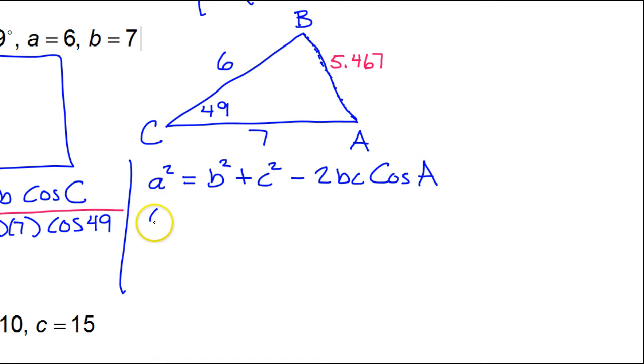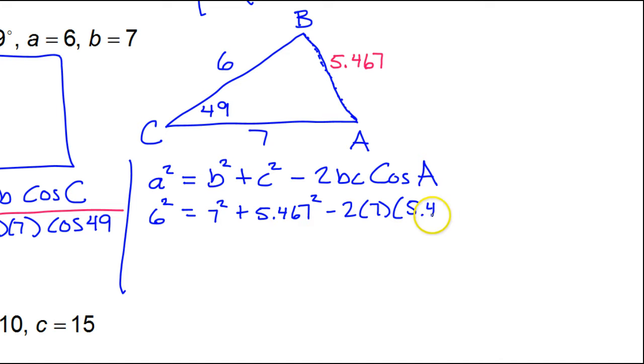That's going to be 6 squared is equal to 7 squared plus 5.467 squared minus 2 times 7 times 5.467 cosine of angle A. The only variable here is angle A, so I should be able to do this.